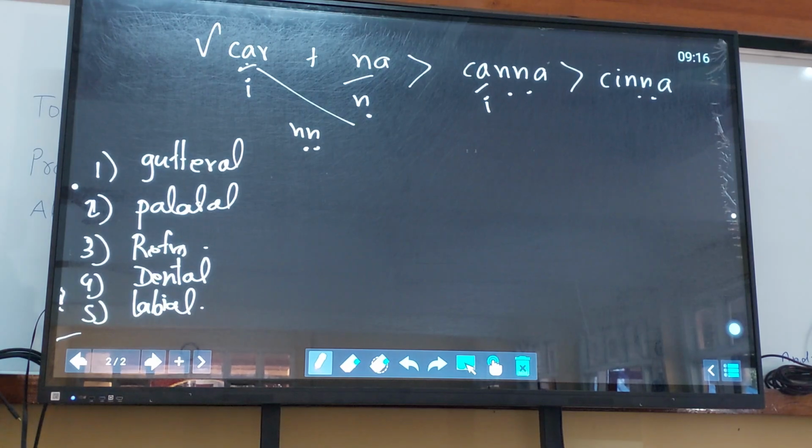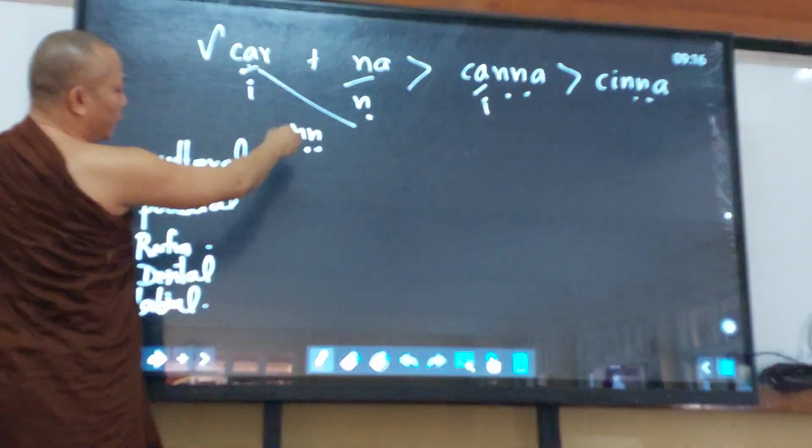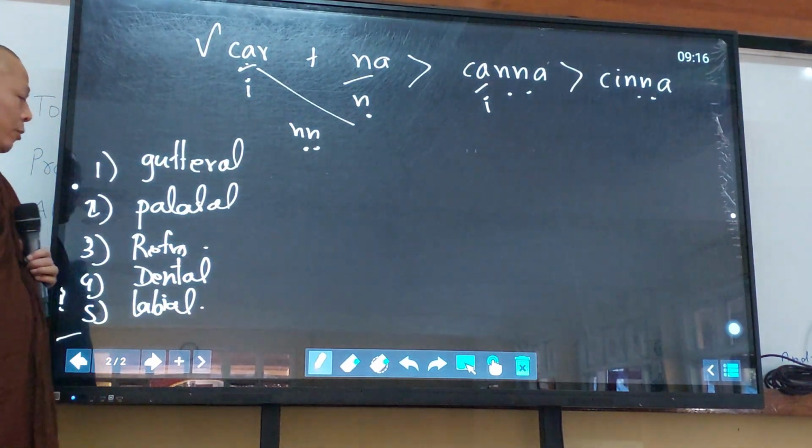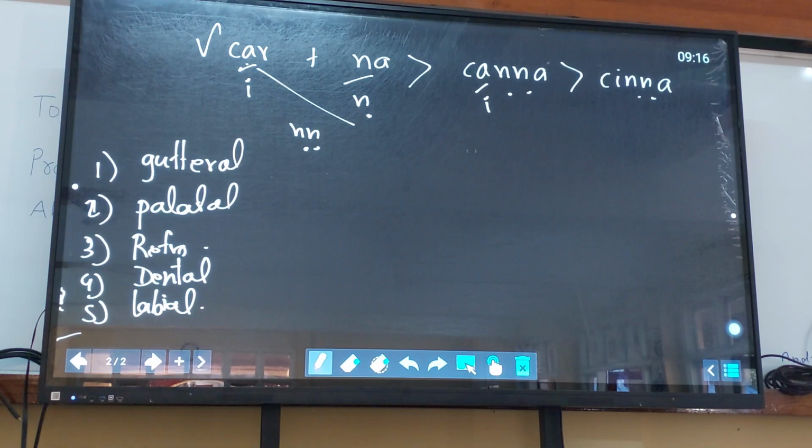Actually maybe at the first stage of the language, like the consonants also, Kavaka, Javaka, Davaka and Bavaka.